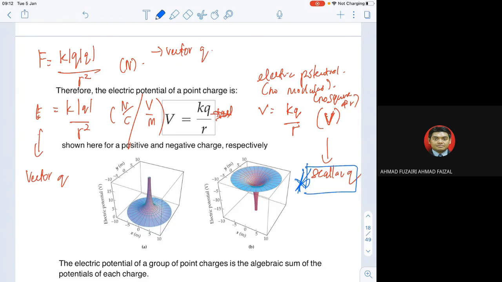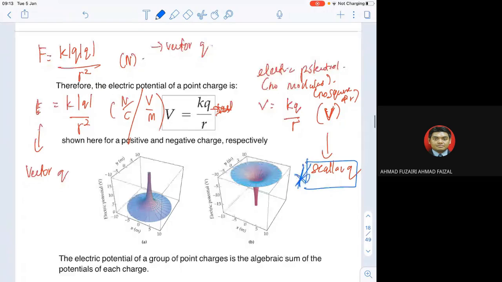If there is no modulus on Q, it means the value can be negative. You should put the sign into Q. If the charge is negative, you put negative; when you use a positive charge, you put positive at Q. All right, so you should remember that.